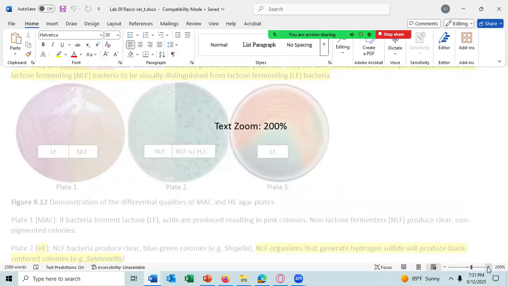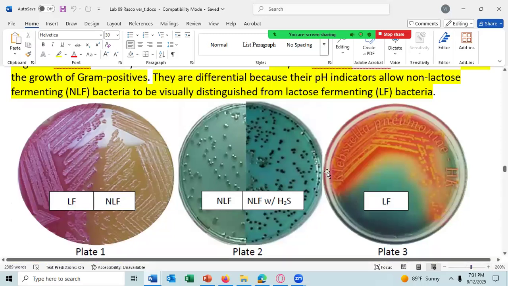Let me blow this up so you can see it better. So the colonies here are black, and that's because they can produce hydrogen sulfide gas. On this hand, this one here is not black, and that means this species cannot produce hydrogen sulfide, at least when growing on a petri dish. Any question about any of that?